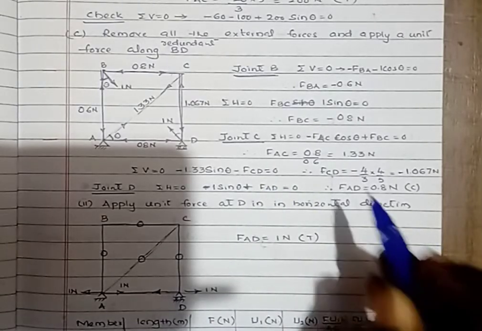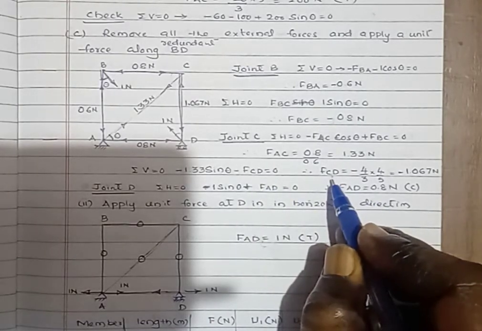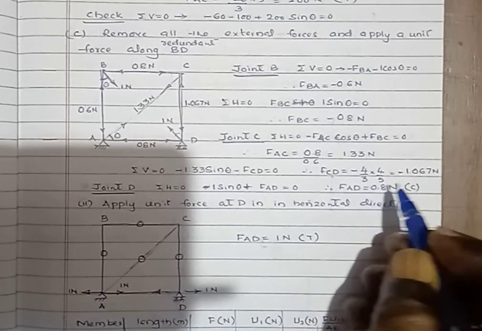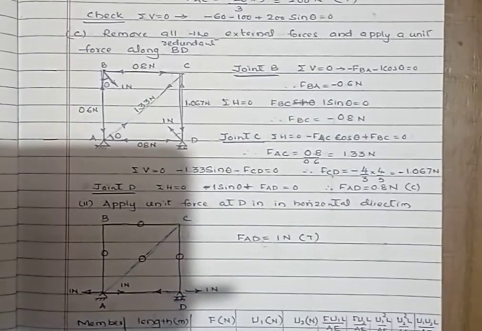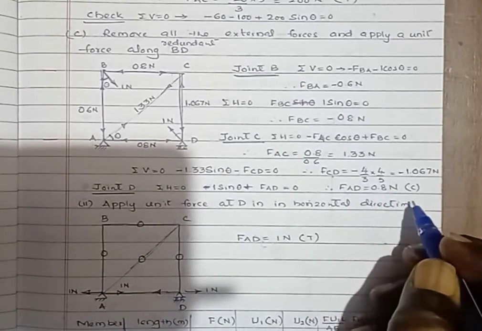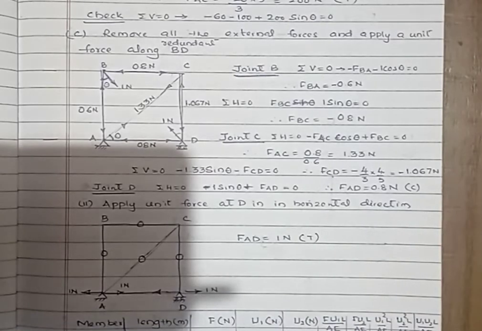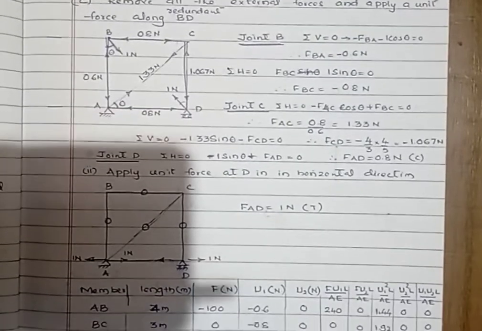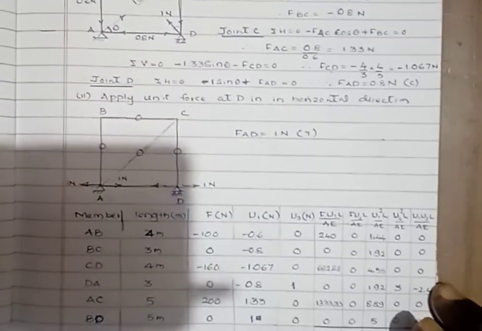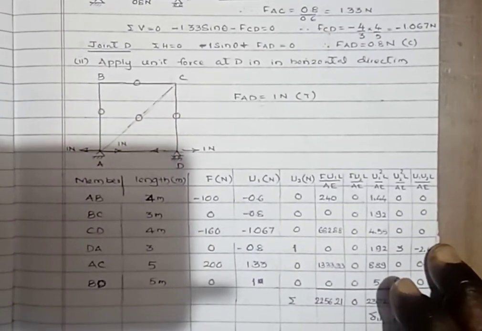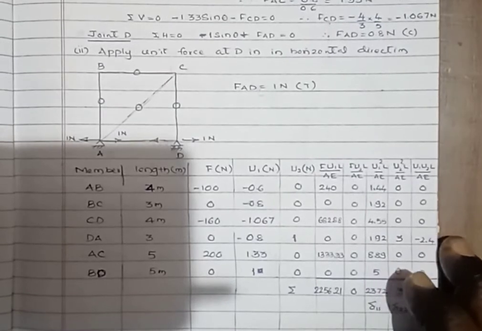Therefore, the force in the member CD due to the unit load along the redundant BD is 1.067 Newton, and F_ED equals 0.8 Newton. After getting the forces in the members due to the unit load along the first redundant, you will get the forces in the various members.